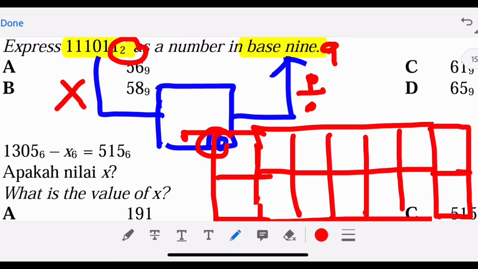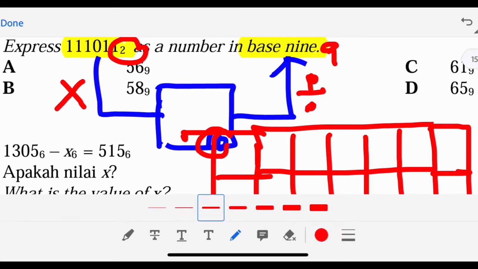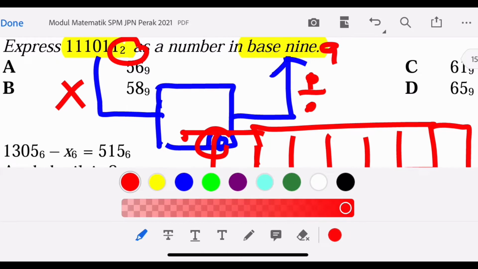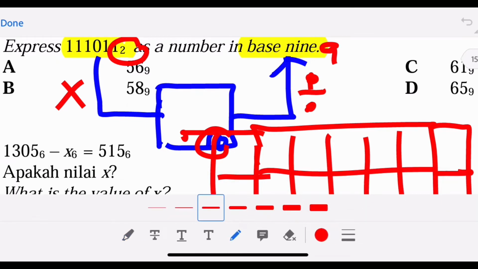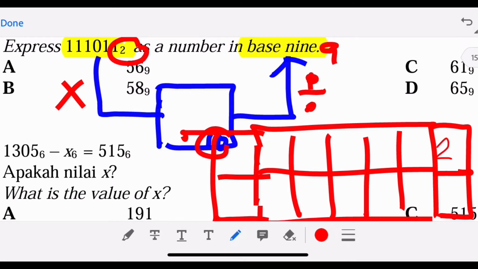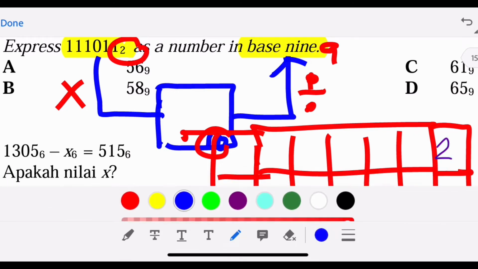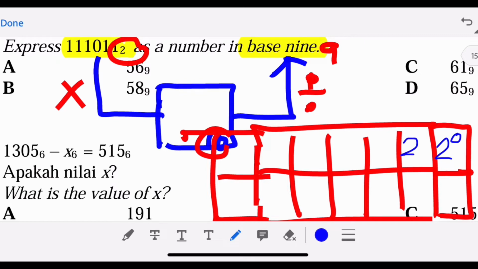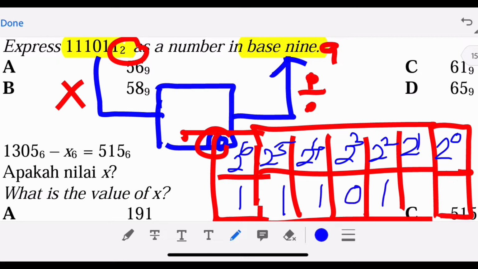So I want you to label like this: 2 power 0, 2 power 1, 2 power 2, 2 power 3, 2 power 4, 2 power 5, and 2 power 6, right? And then we put the digits 1 1 1 0 1 0 1.